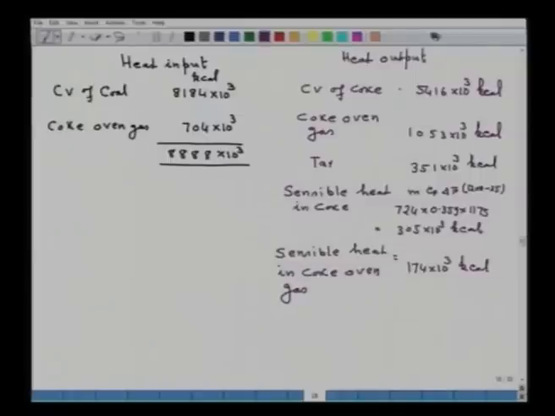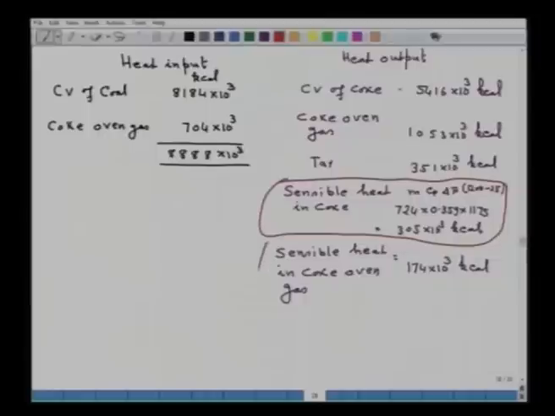Now, the special attention that I want to draw is on the sensible heat in coke and sensible heat in coke oven gas. These are the important things, because the rest is a calorific value of the coke that you can use while charging into the blast furnace.